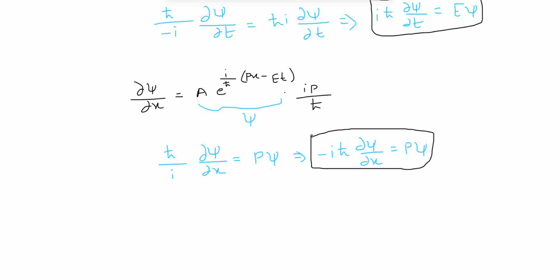With this we got the relation for momentum. So we got both energy and momentum when we partially differentiate with time and position respectively.